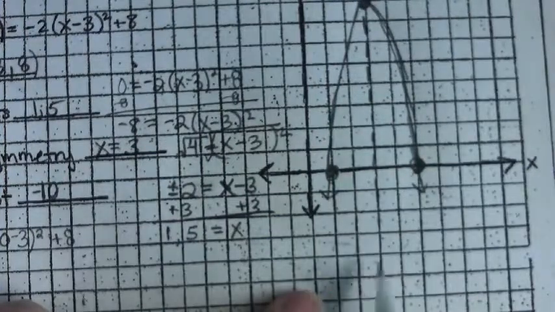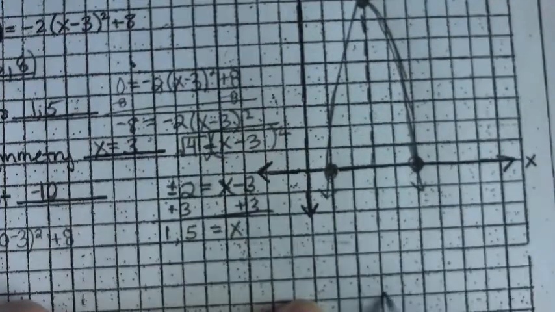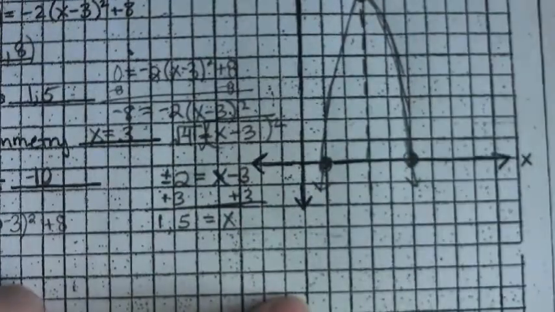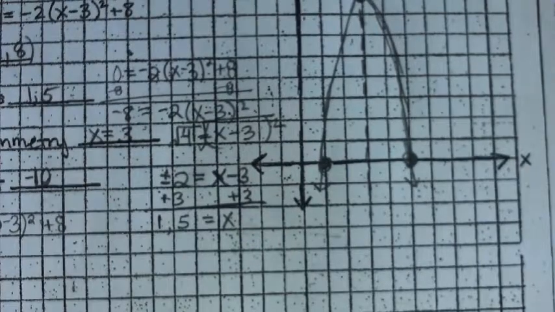So we're double the distance away from the axis of symmetry. We're 3 units away to the left to get our y-intercept. We would need to be 3 units away on the right-hand side to get the symmetrical point. So 0, negative 10, and then over 3 more would put us at 6, negative 10, if we were rounding this out. Okay? Any questions?